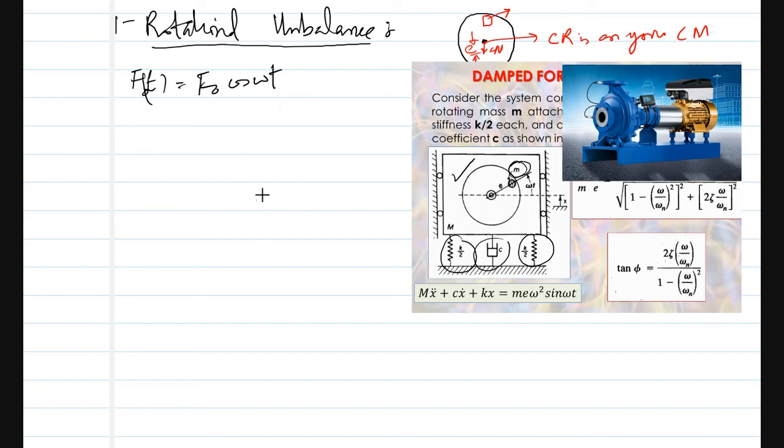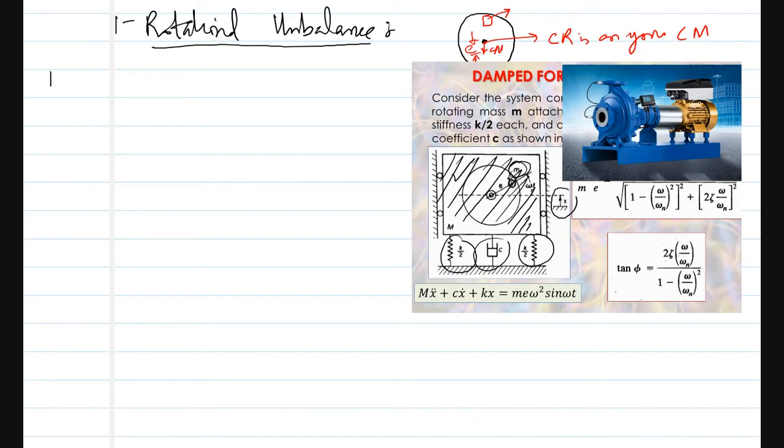In case of rotation unbalance, we have to write this force differently. Instead of doing this, we just write like this. So we have a displacement. This is the total mass, which I am now highlighting, which is moving up and down by x.